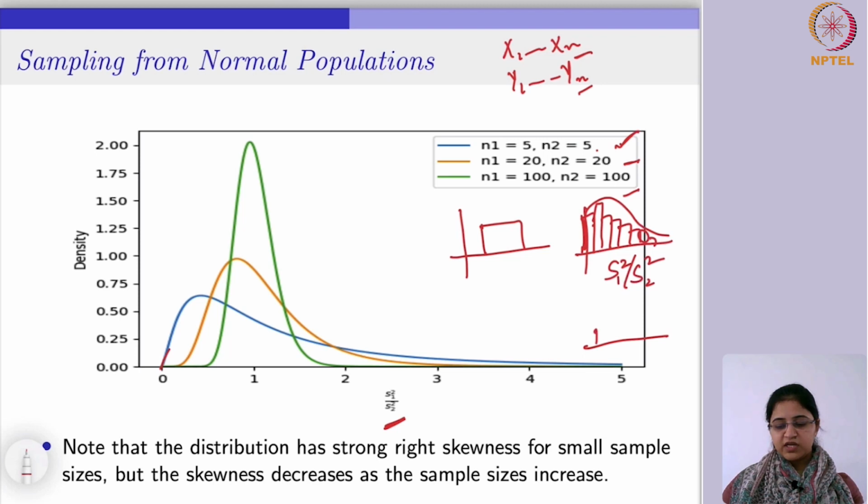It will start becoming like this. So different situations will be there, but the key idea is that when we increase the sample size, the sampling distribution of the ratio of sample variances would approach the normal distribution.